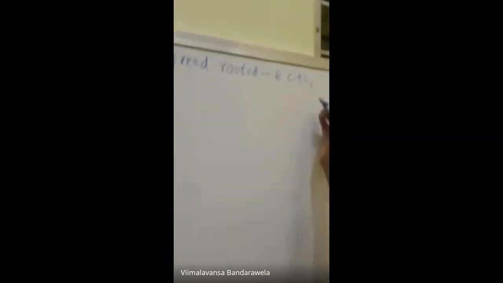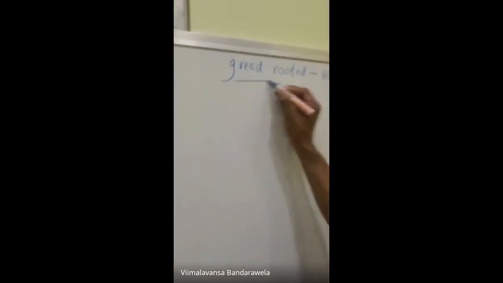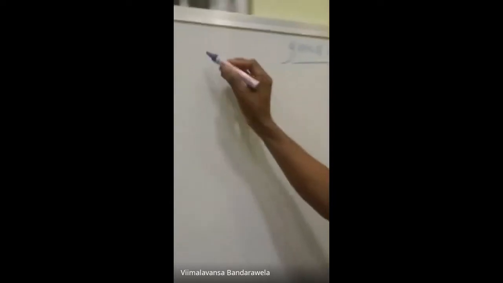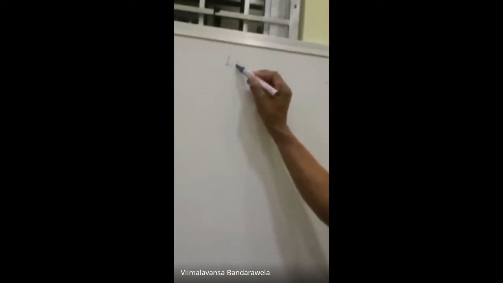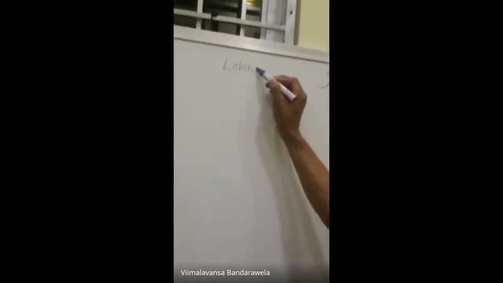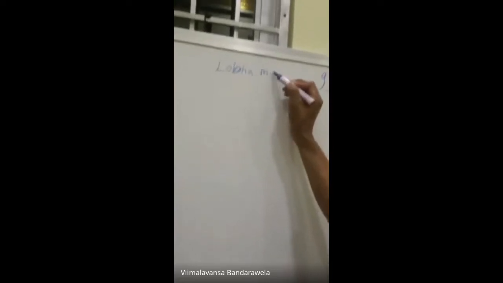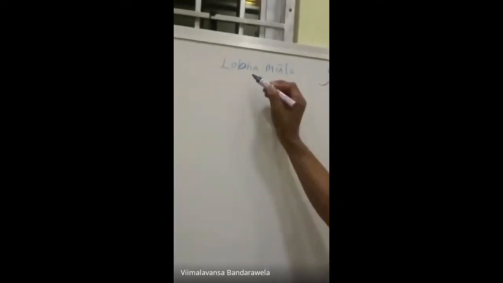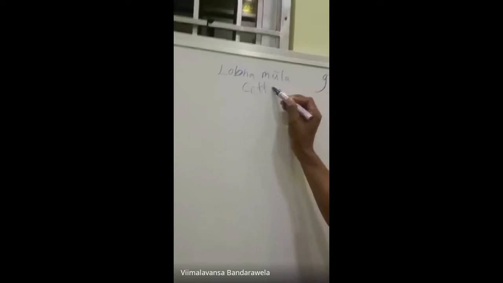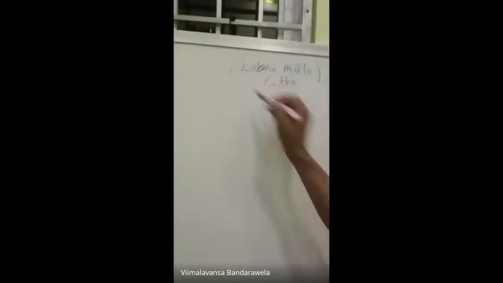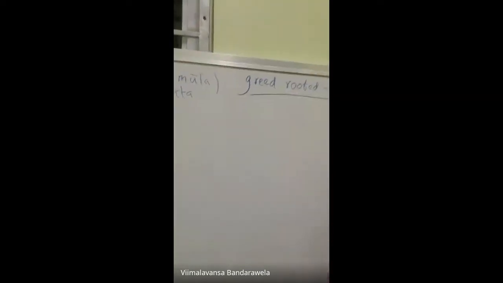Okay, greed-rooted, eight consciousnesses, eight chitta, or lobha mula consciousness, right? Lobha mula chitta. So there are eight types of lobha mula chitta.